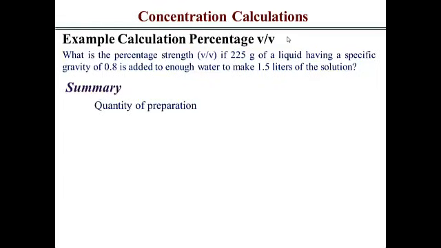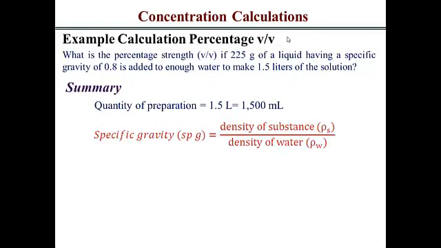So let's look at it. The quantity of preparation is given as 1.5 liters, and in milliliters, because 1 liter is 1,000 milliliters, we have 1,500 milliliters. So we know what the quantity of our preparation is. How about determining the quantity of our solute, which also needs to be in milliliters?